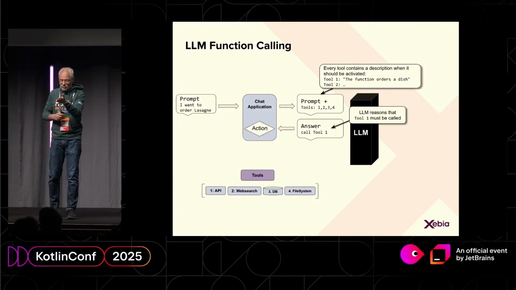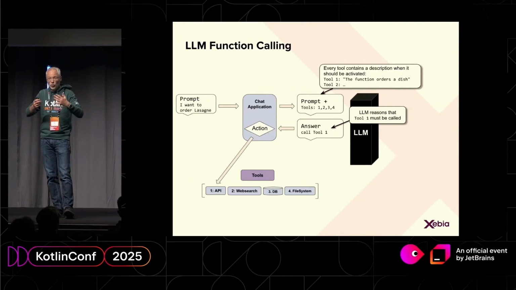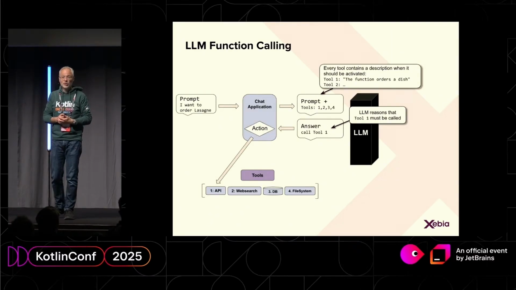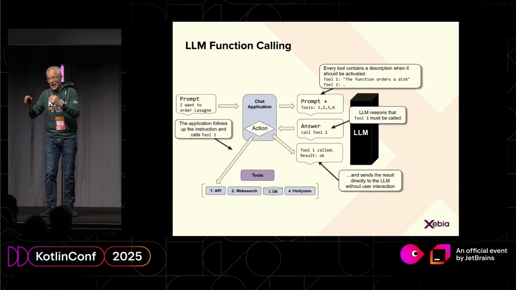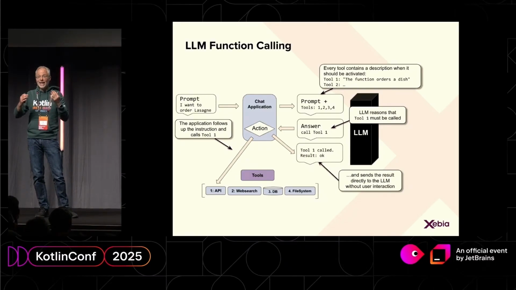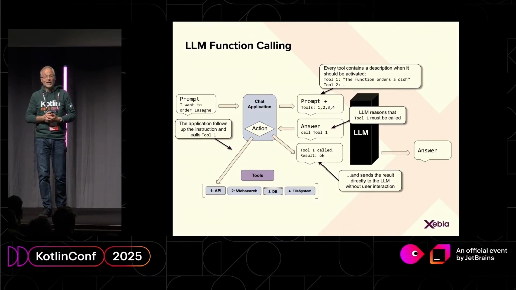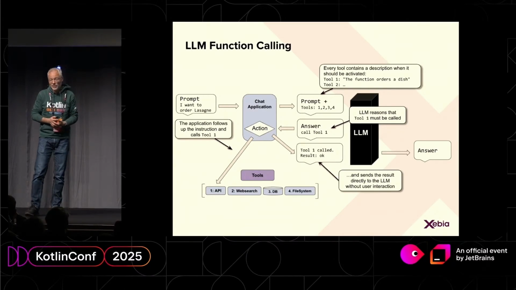This application, at least Spring AI, would intercept that reply, not sending it to the user, and do as it is told, execute this particular tool. The reply of the tool will also be sent to the LLM, because there might be some valuable information in it or some error, and then the LLM can do, again, its reasoning thing before providing the final answer. This is LLM function calling in a nutshell.